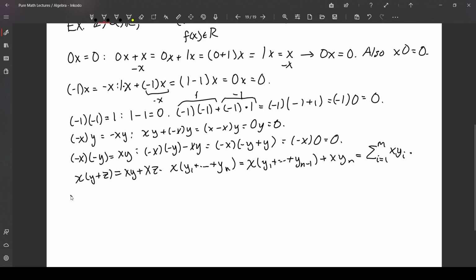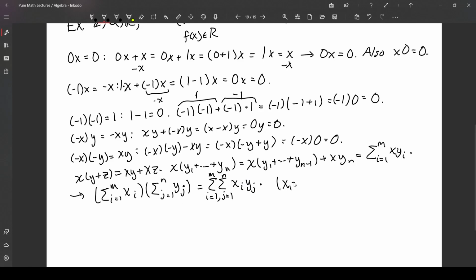You can also further generalize this to show that if you have a sum of x terms multiplied by a sum of y terms, indexed differently, then you can distribute on both sides, and you get a double sum over i and j. So i goes to m, j goes to n, and you look at the products x sub i times y sub j.